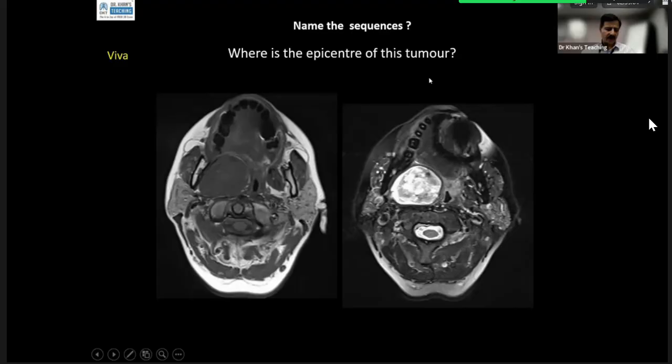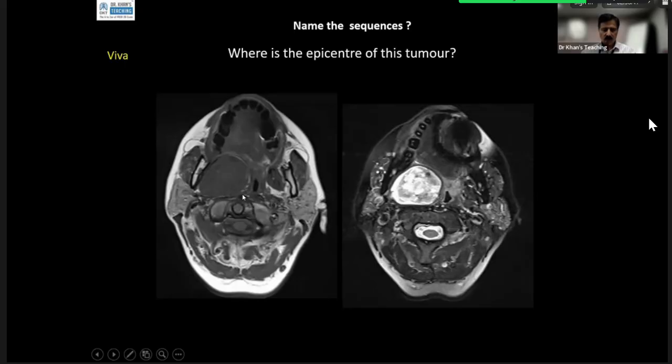Okay, so I take your point, because I've just given you a single sequence, so you will be slightly handicapped. But having said that, just on this, if you see here, this is a T1 weighted sequence. And look at this parapharyngeal fat. Now, where is this fat?